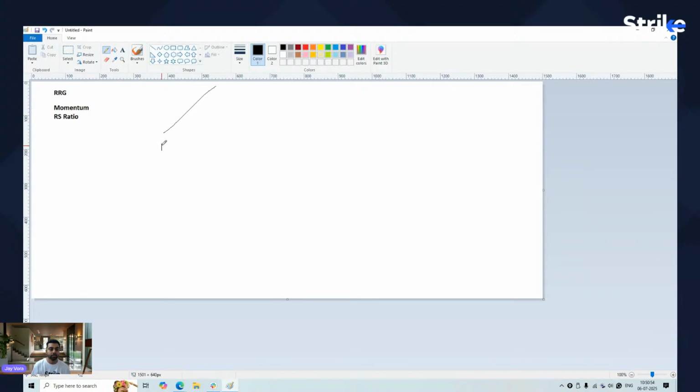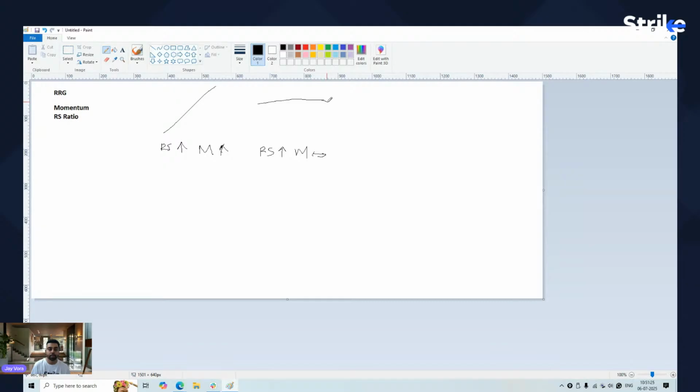So one is like this. This means that the RS is going up, momentum is also going up, right? Then you will see this type of move, which means RS is increasing, momentum is sort of unchanged or going down.